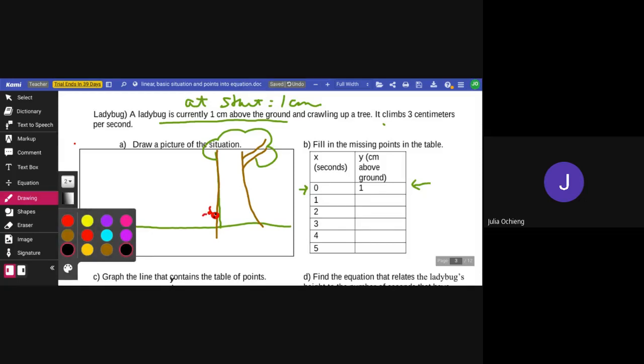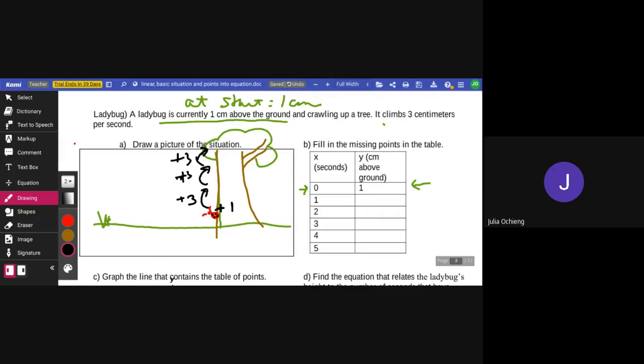Again, math teacher, not an artist, but there's my ladybug. All right. So he's 1 centimeter, and he's going to go 3 every 1 second. So he's going to go 3, then another 3, then another 3. So there's my picture. And he started at 1.